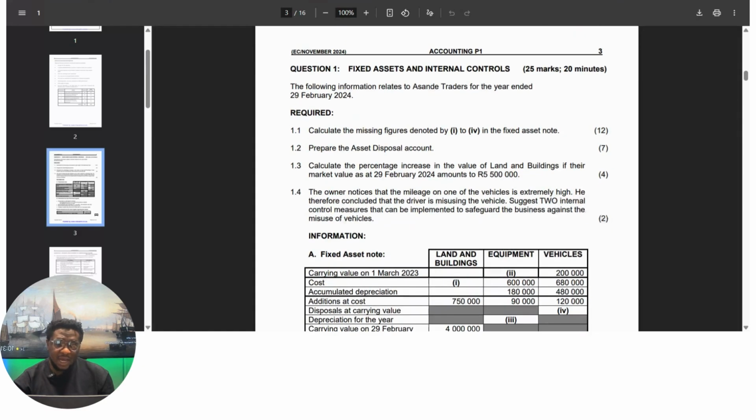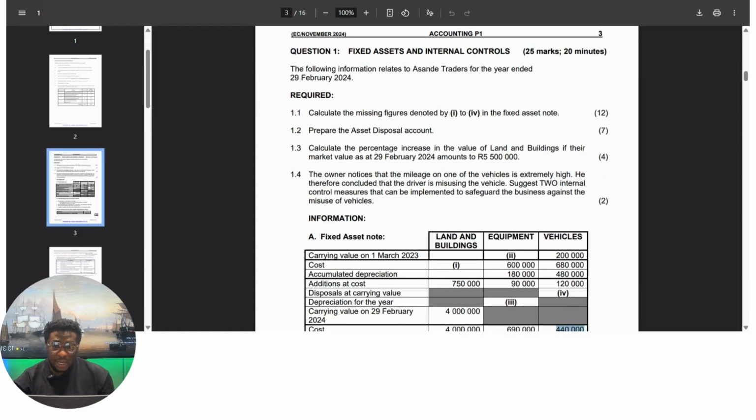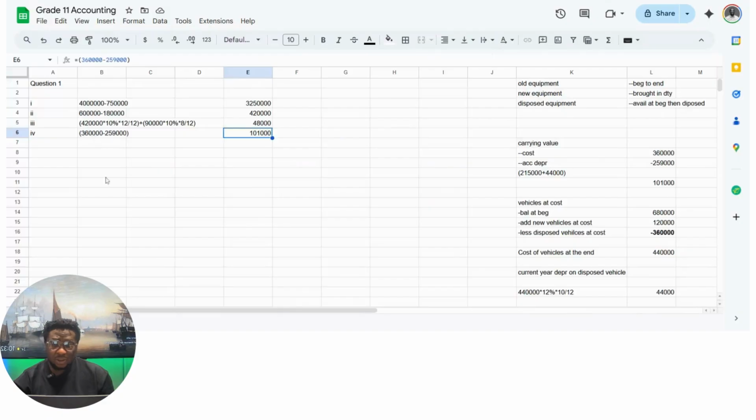The next thing that we want to work out is to prepare the asset disposal account. So please make sure that you listen to me very carefully here, because I'm sure if you listen to me on this one, you will be good in this forever.